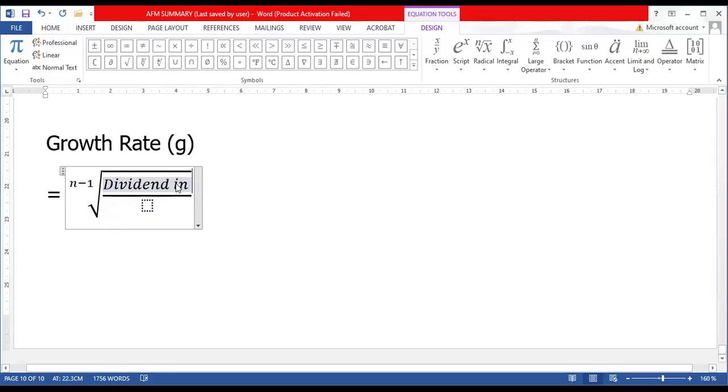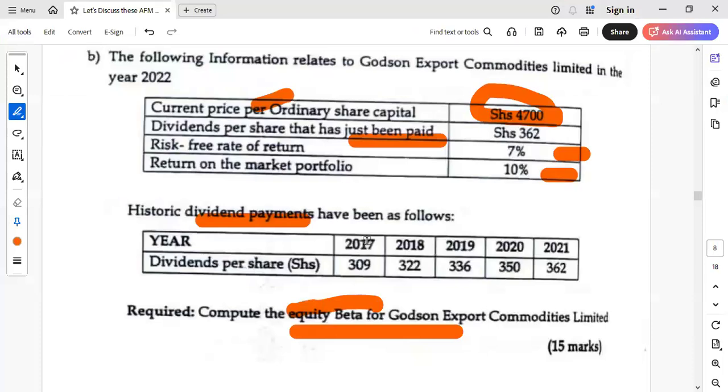So what is the current year? When you look at the question, with 2017 and 2021, the current year is 2021.